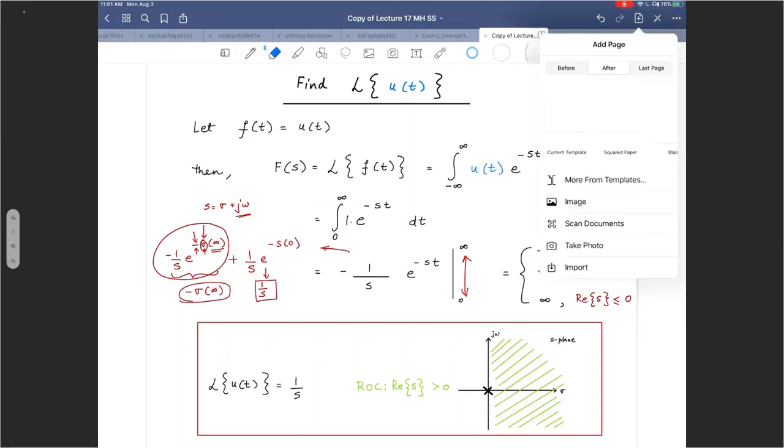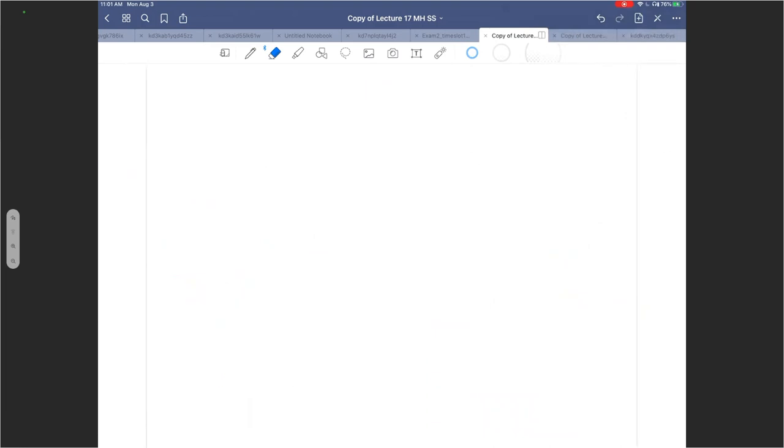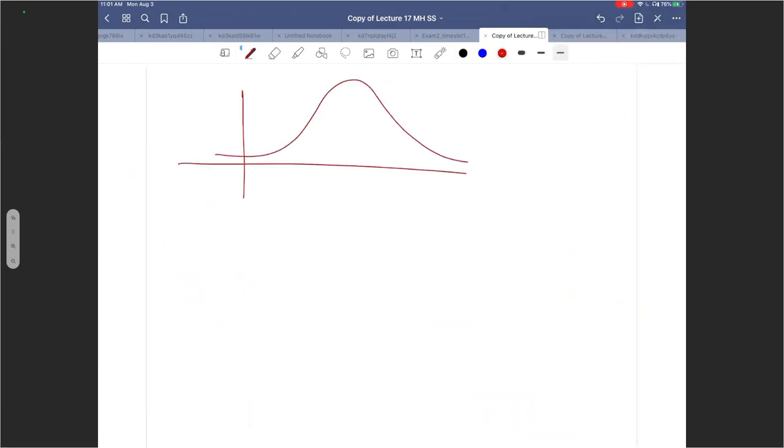We are jumping many lectures here, but suppose there is a band pass filter, right? And you need that particular frequency to pass through. I can make the system go to 0 here.